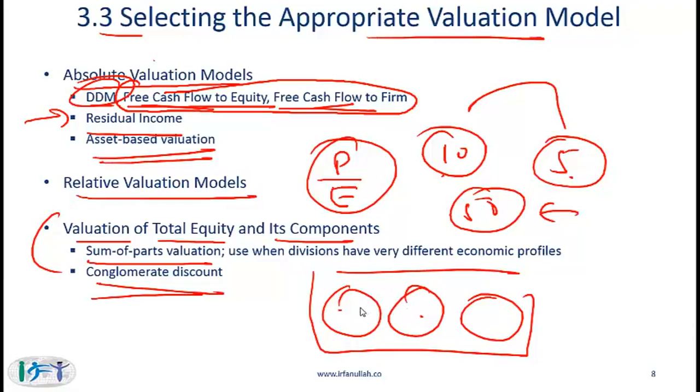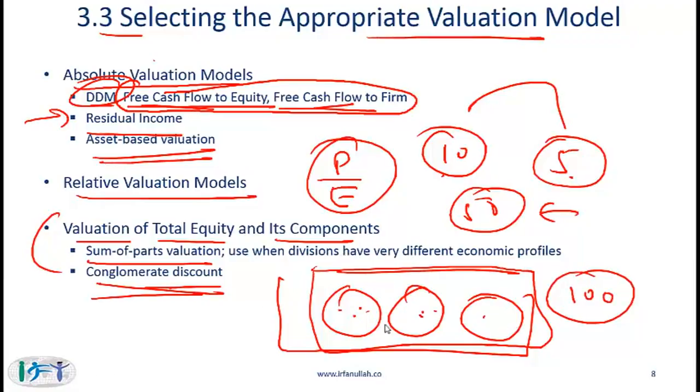What many analysts believe is that when a company tries to do this, where it has several different segments, then inefficiencies creep into the business, and the overall value of this conglomerate might actually be less than the sum of the parts. In other words, what analysts do in this scenario is sometimes they apply a conglomerate discount. So if the sum of the parts is 100 and the overall company is being valued at 98, then the conglomerate discount here is 2%.